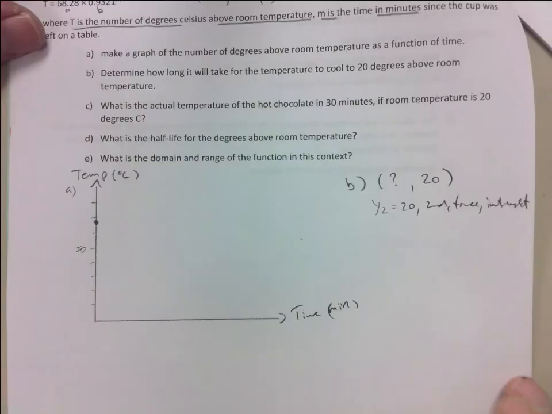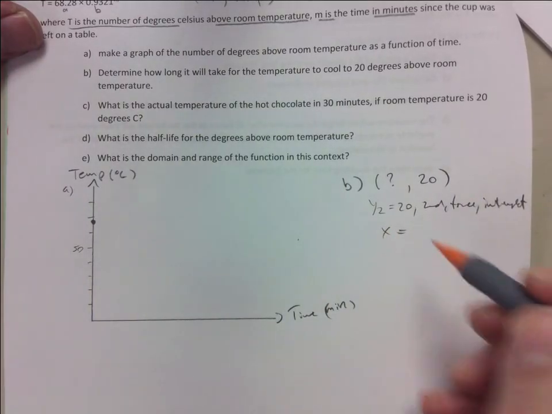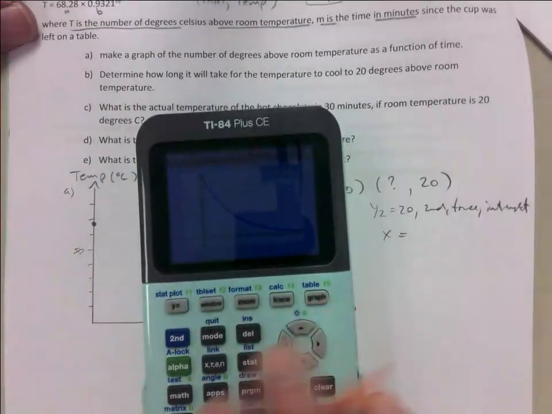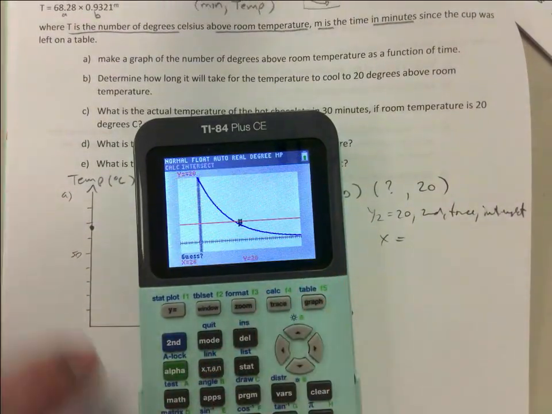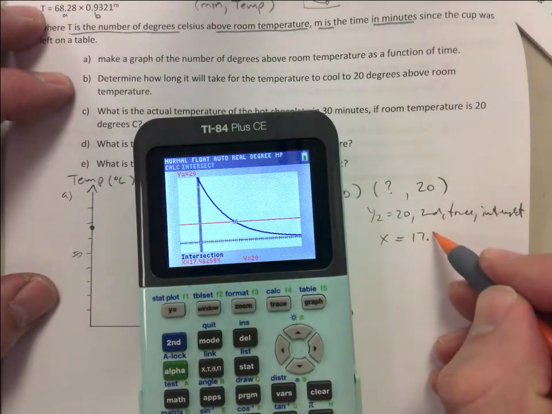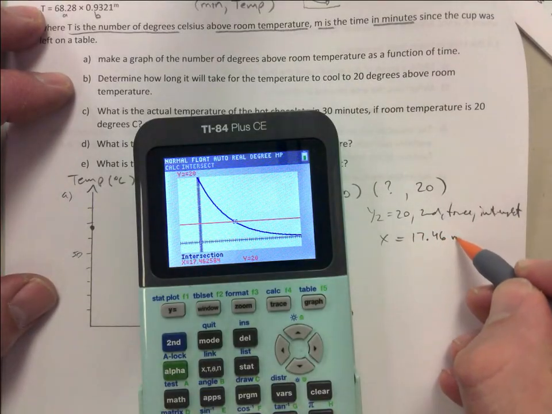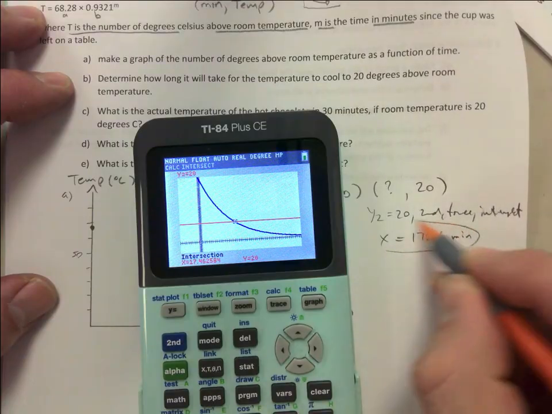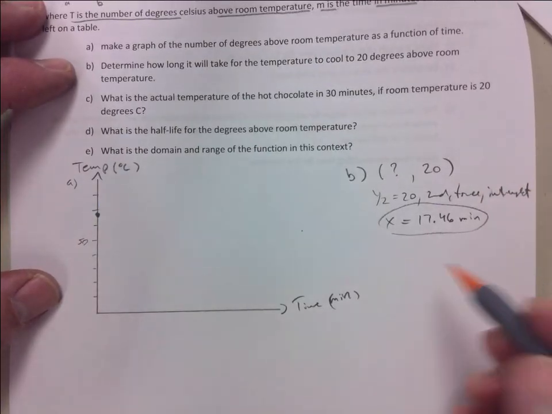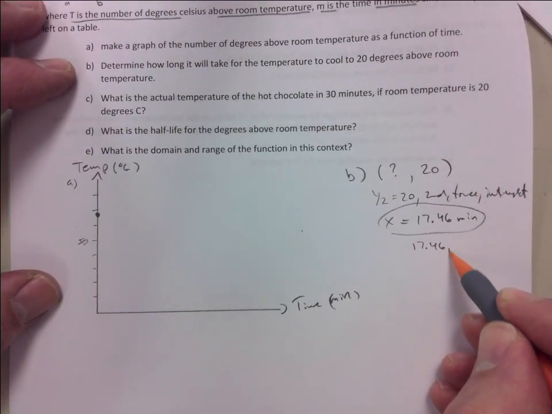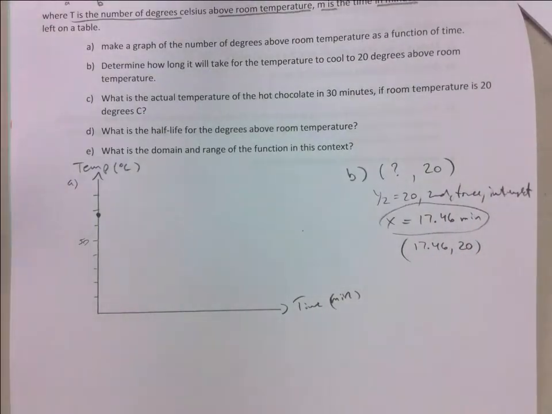I'm going to go doctor's note today, okay? That gives me 17.46 minutes. That is absolutely a point that you can now use as part of your graph. So I'm going to go 17.46, 20 is a point. I'm going to put that down as well.